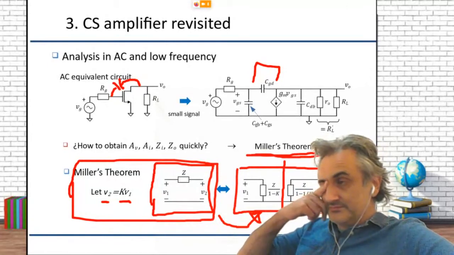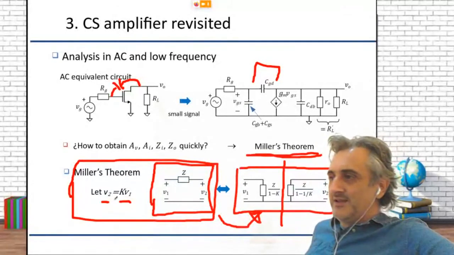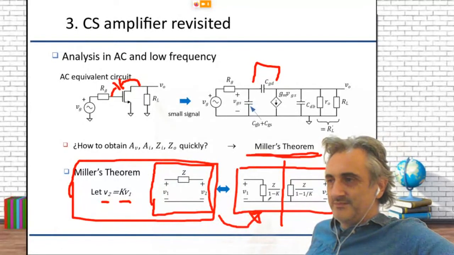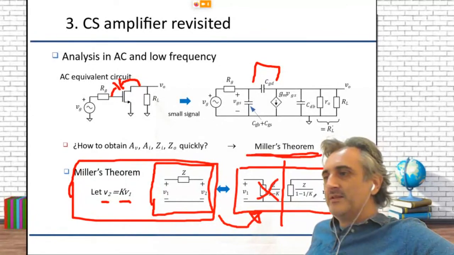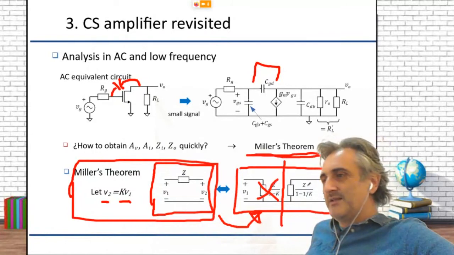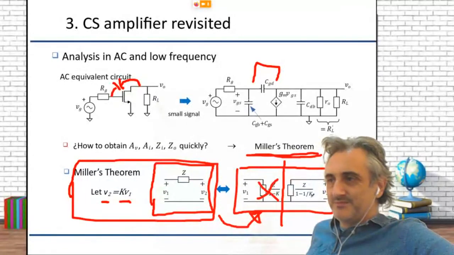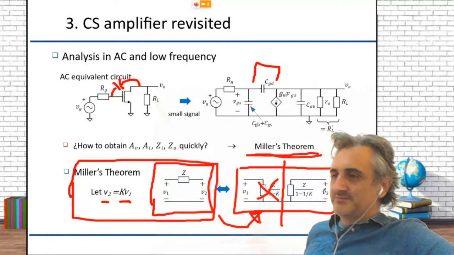Okay? Notice that when the gain is very high, this goes to 0. In fact, a negative 0, but never mind. It goes to 0. And this goes to 1 over K, and this goes to an impedance which is amplified by K. When K is big, this goes to 0, and so this goes simply to the impedance.